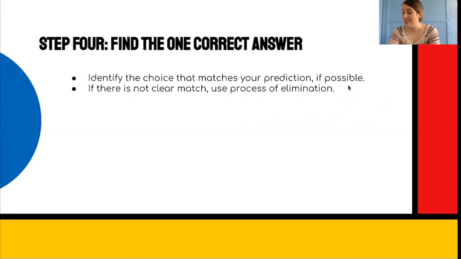Also, with any reading passage, there could be multiple correct answers, but you are looking for the best answer. So again, this can help you figure out the best answer without being swayed by one of the other answers that seems like it's the right one.